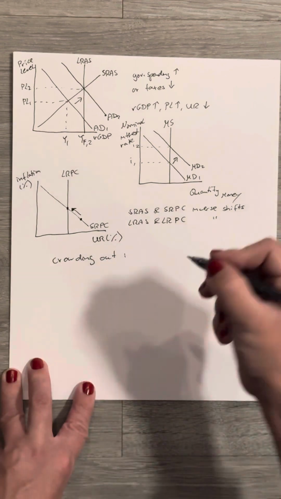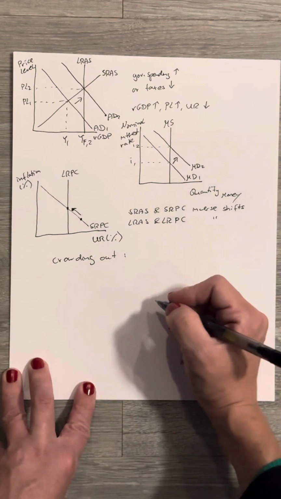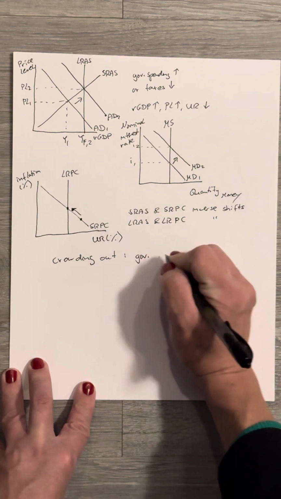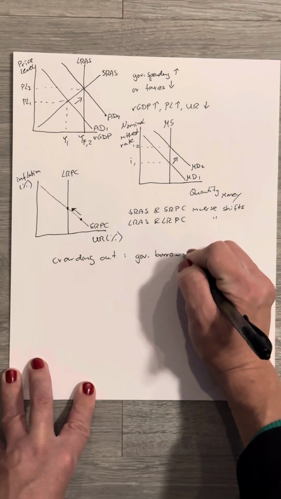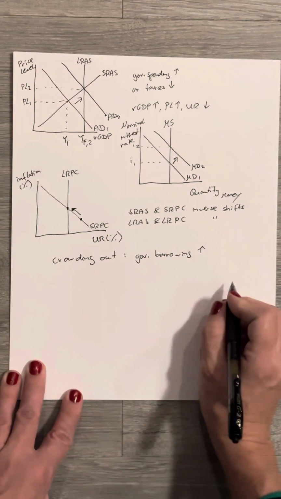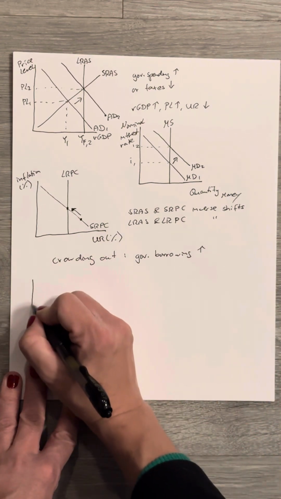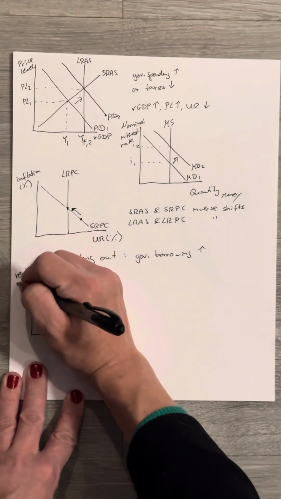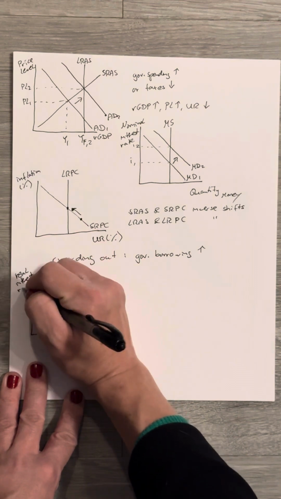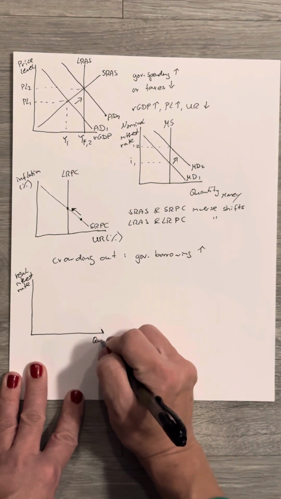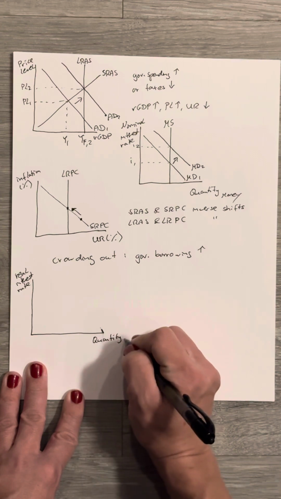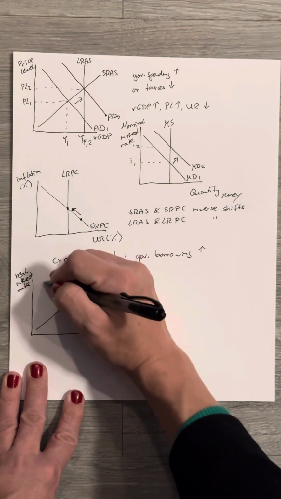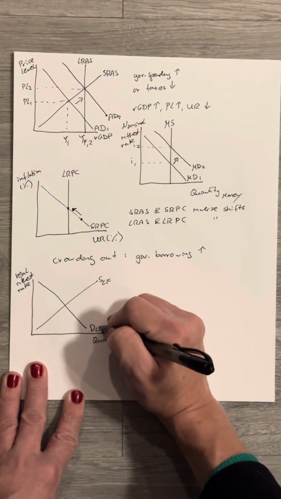That means government finances spending by borrowing, so they conduct deficit spending. So government borrowing goes up. So how or on which graph do we show that? Loanable funds, real interest rate, quantity loanable funds. Now we have the supply of loanable funds and the demand of loanable funds.